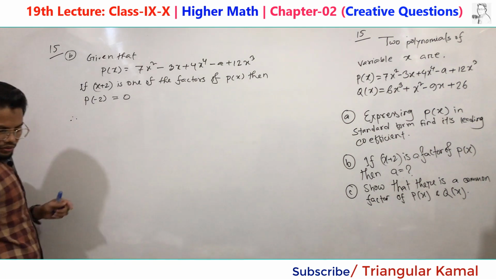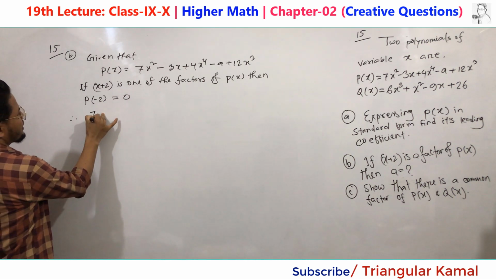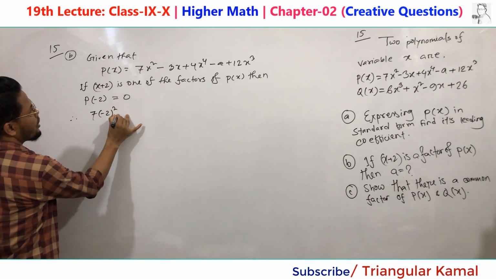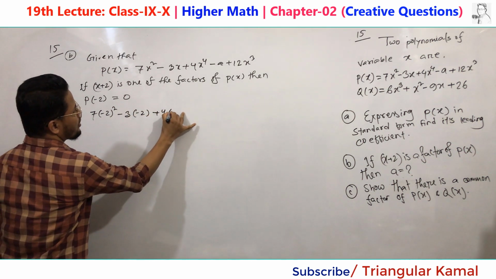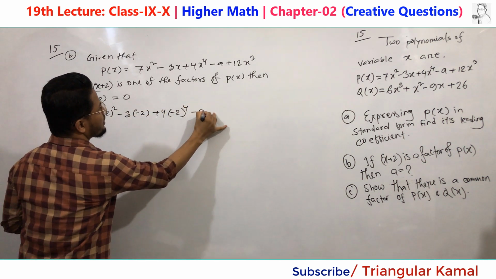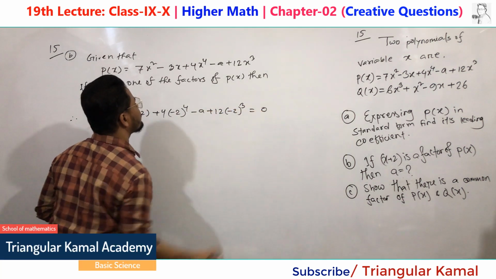So now, put the value of x equal to minus 2: 7 times minus 2 square, minus 3 multiplied by minus 2, plus 4 times minus 2 to the power 4, minus a, plus 12 times minus 2 cube, equals 0.